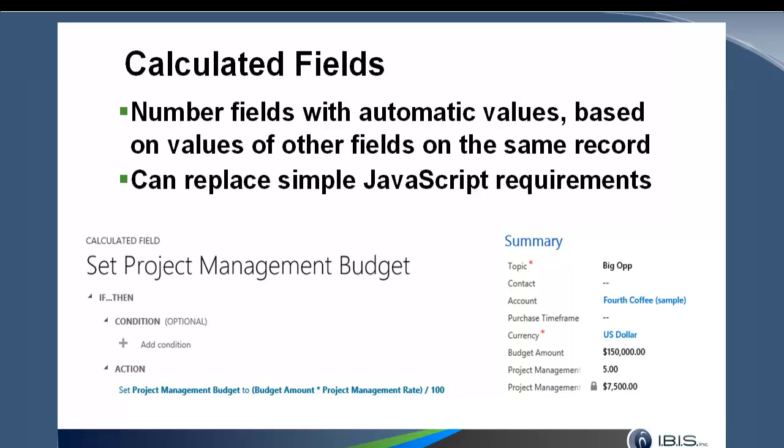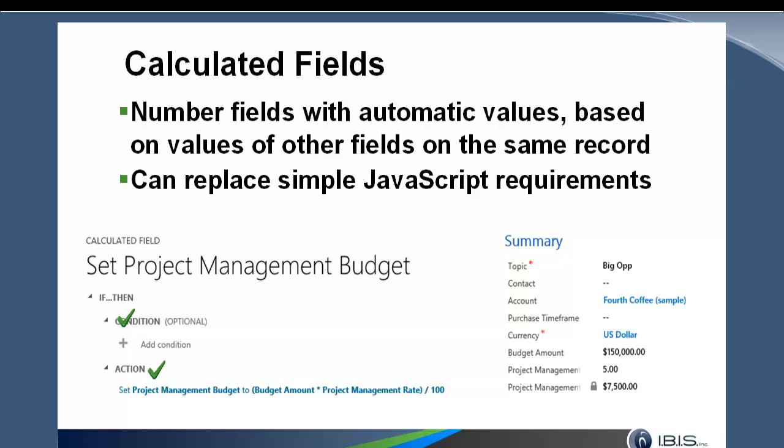And you can optionally specify a condition, but more importantly, you can specify the action, which is to say, for this example, set the project management budget equal to budget amount times the project management rate, and that rate is basically a whole number, so we'll divide the entire result by 100. And on the right, we can see that with a budget amount of 150,000 and a rate of 5%, we come out with a project management budget of 7,500.